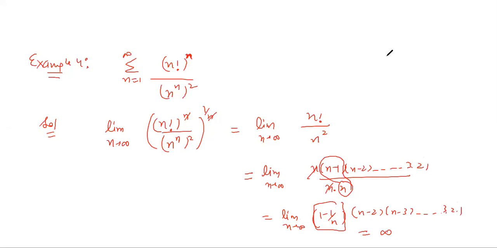You can try looking at it by substituting the values of n also. 3 factorial by 3 square is 6 by 9. 4 factorial by 4 square, that is 24 by 16. 5 factorial by 5 square, 120 by 25.